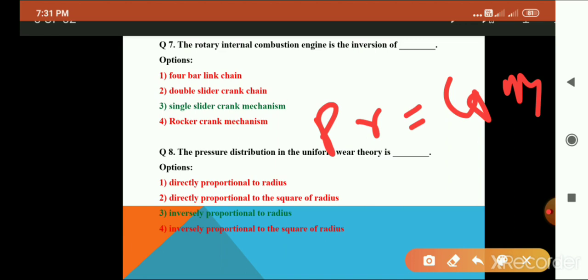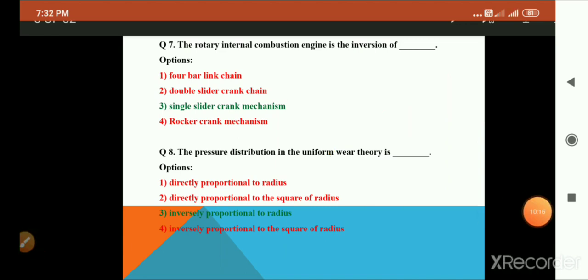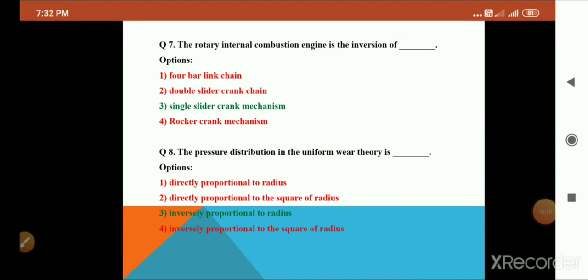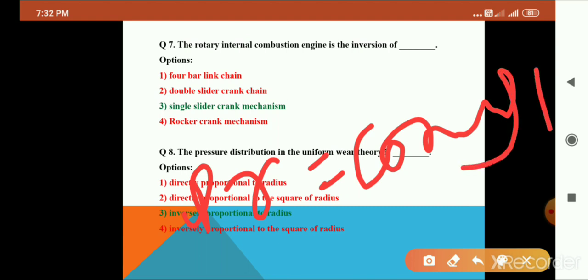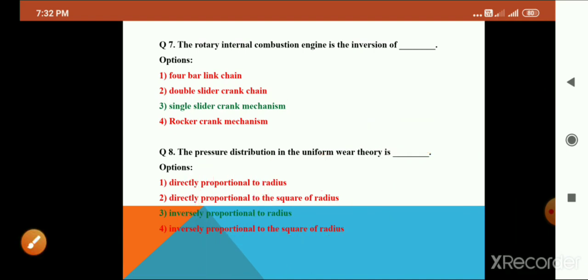For uniform wear theory, PR is constant, as we all know. So here P is inversely proportional to 1 by R. That is the answer, which is option number 3.